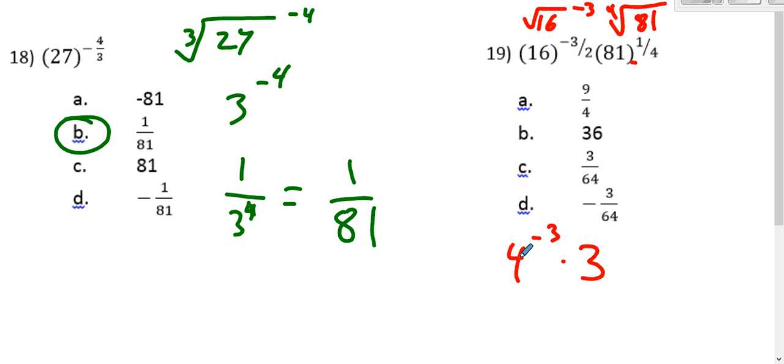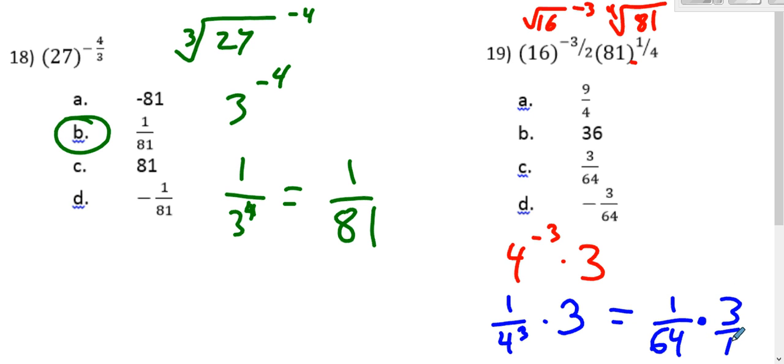Now, the negative exponent makes that be 1 over 4 to the 3rd. And then 4 to the 3rd, 4 times 4 times 4 is 64. We have 1 over 64 times 3. You could think of that as 3 over 1, so you get 3 over 64.